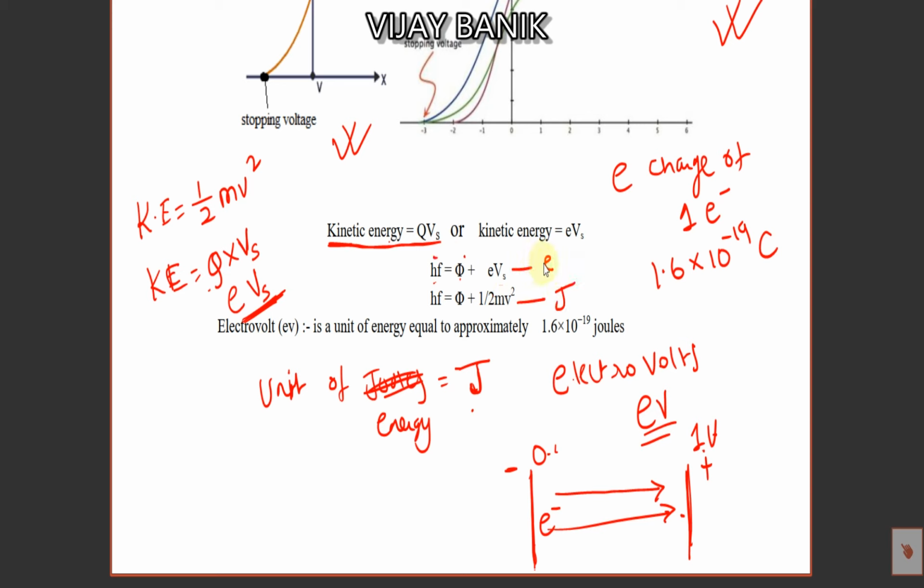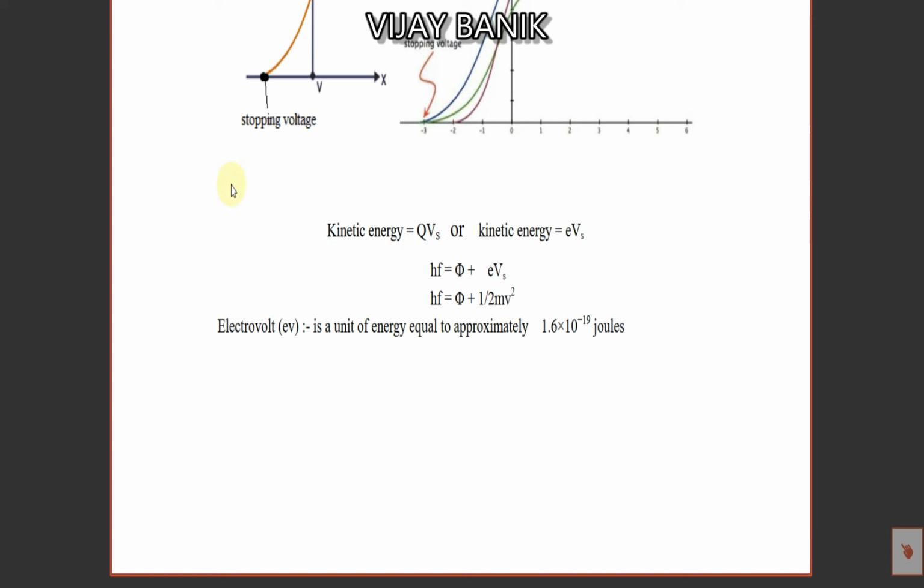Okay. But there is a conversion. Remember, 1 kilometer is 1000 meters, and so on. There is a conversion also here. So this is the conversion you guys should remember: 1 electrovolt is 1.6 into 10 raised to minus 19 joules.